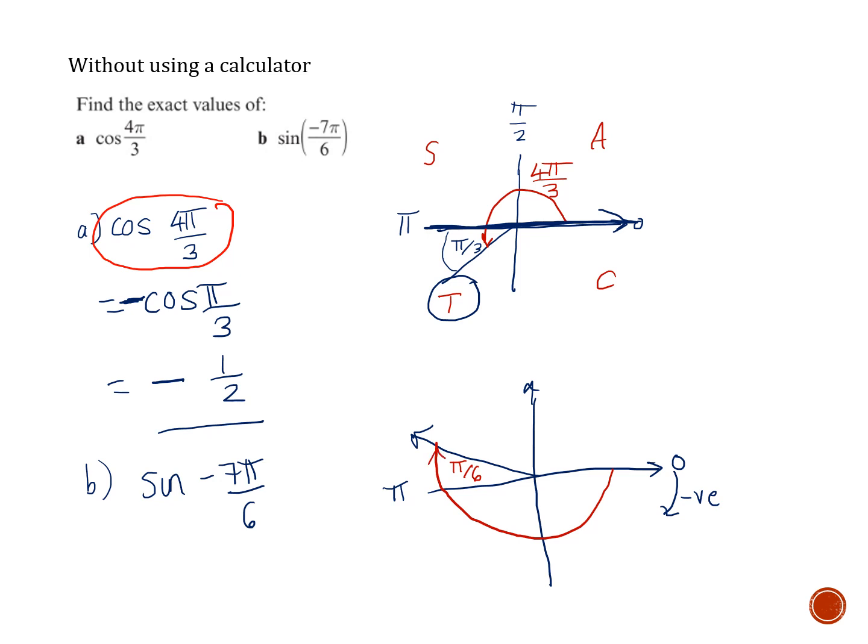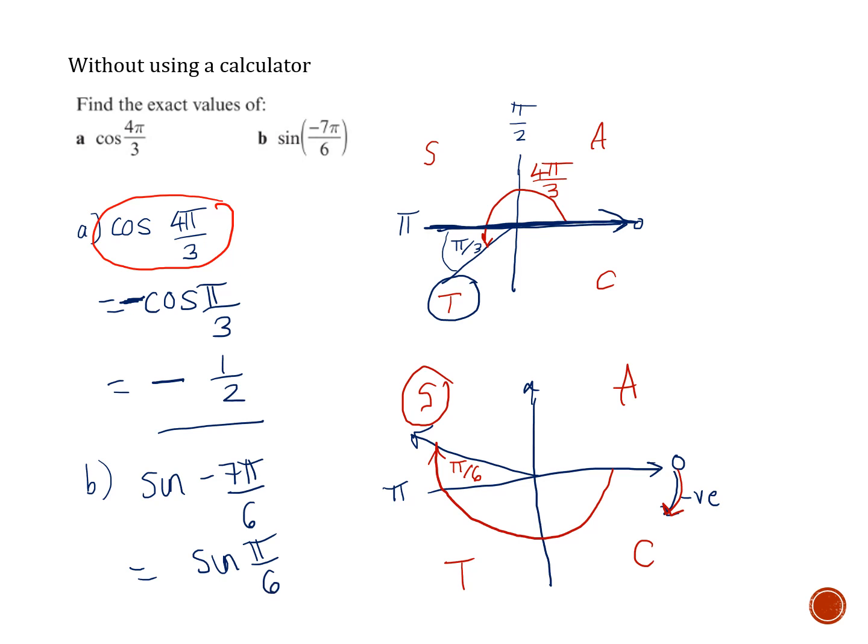Can you all understand and see where that's come from? Negative because it goes around this way. 7 pi by 6 is pi and then a little bit more. Let's do our CAST diagram. C, A, S, T. Now the quadrant we're in is this one. So sine is actually positive in that quadrant. So this is going to have the same value as sine of pi by 6.